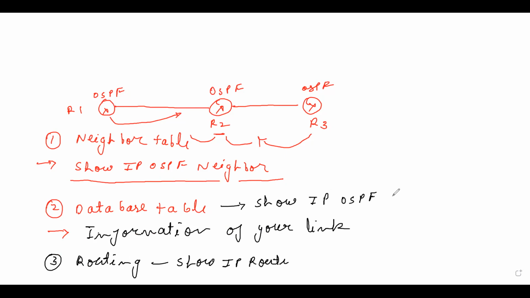Now let's go for theory. We already discussed that in OSPF we have the hello message, which is the type 1 message. Then I have the type 2 message, DBD, database description.